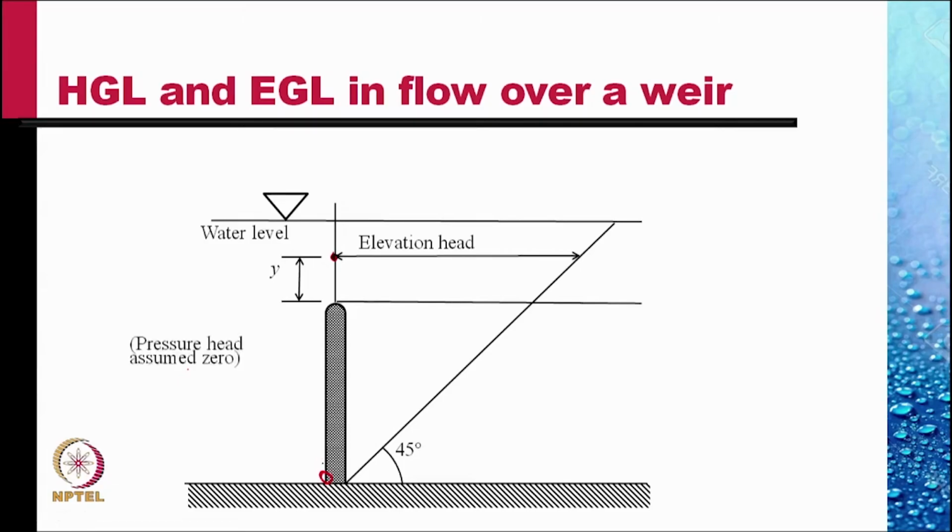So the pressure head all across this jet of water that emerges over the weir is atmospheric all through, and so the pressure head is assumed 0. We talk about the gauge pressure. The hydraulic grade line then looks like this, because pressure head is 0. So the elevation head line and the hydraulic grade line would be the same. The hydraulic head is maximum here and is minimum here.